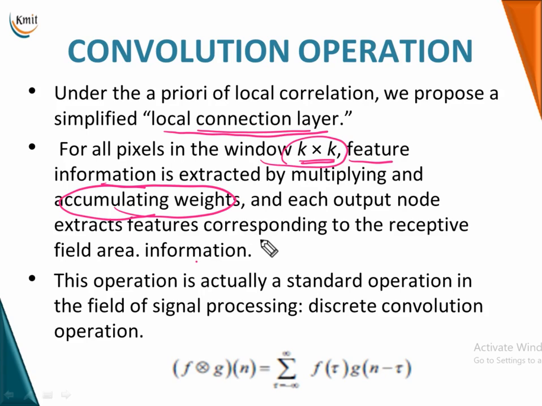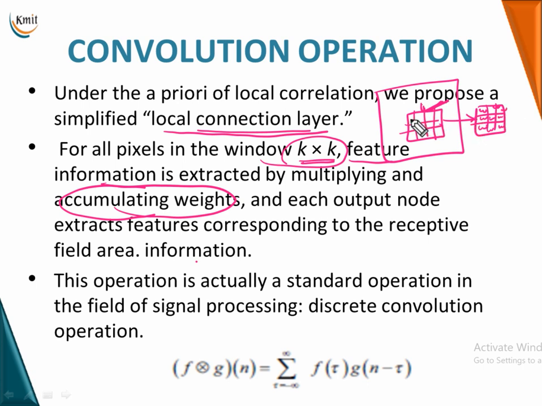Don't worry about this, I'll show you one diagram so that you will understand it. For now, understand what is happening here: you have this receptive field, right? Suppose out of this big image you have this receptive field. Now for this receptive field you always have weights associated, correct? Because you are doing weight sharing, every receptive field will use the same set of weights.